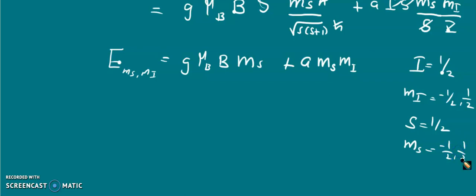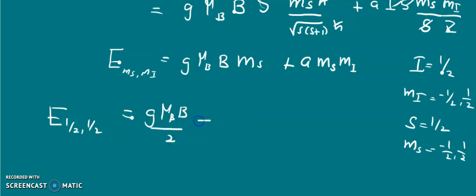So we have two possible values for mi and two possible values for ms, and therefore we have four combinations, 2 into 2, 4 combinations. So this energy can be found as E half comma half. That means ms is half, mi is half, equal to g mu B by 2 plus A by 4.